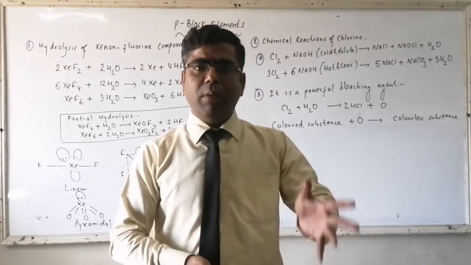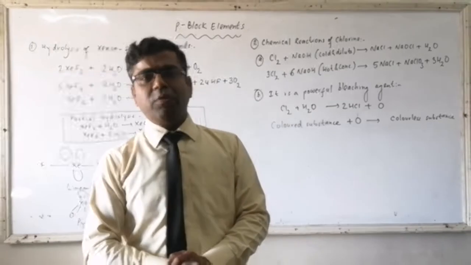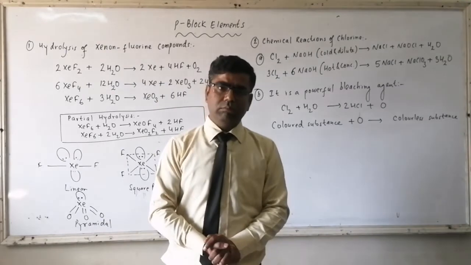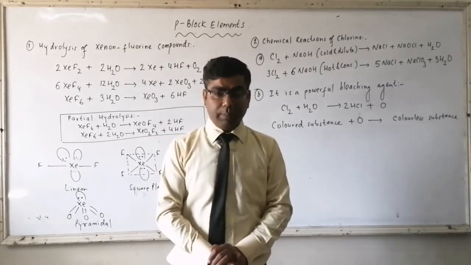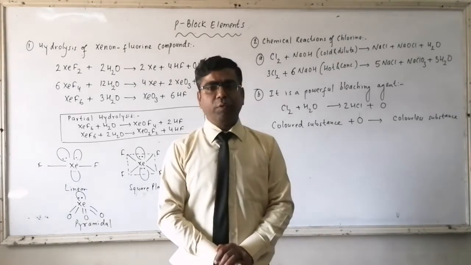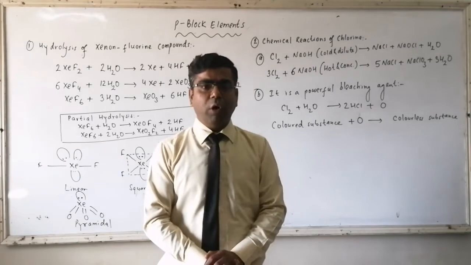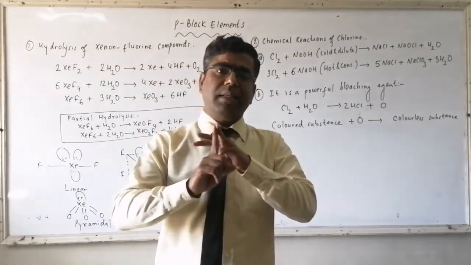It means xenon can form compounds. And the most important compounds of xenon are with fluorine, because fluorine is the most electronegative element of the periodic table. Xenon reacts with fluorine and can form XeF2, XeF4 or XeF6.